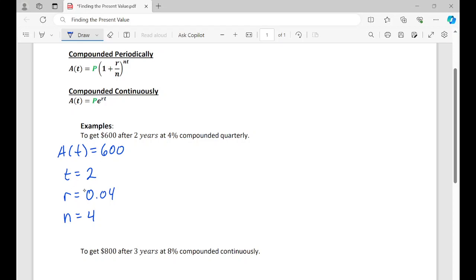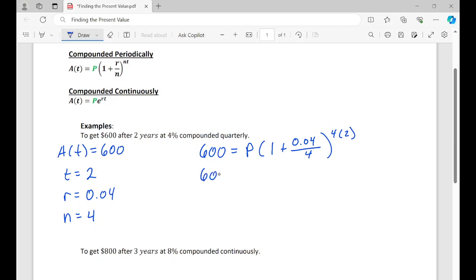So I'll take all of what I know, plug it into the formula up here, and solve for P. So I'm going to get 600 equals P, because I'm solving for it, times 1 plus 0.04 divided by 4 to the n times t, and n is 4, and t is 2. Now I'm just going to do all the work in the parentheses and the exponent to make it a little bit easier.